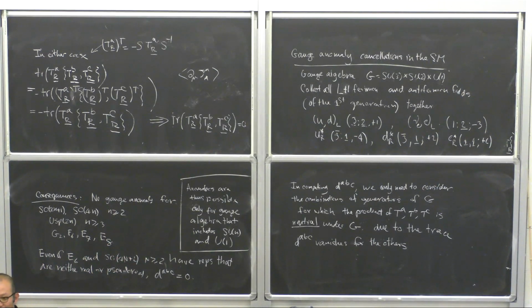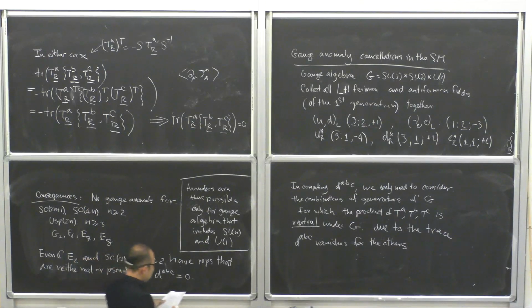This is a very important statement. Indeed, when you compute any 't Hooft anomaly, it works in the same way. This is the gauge anomaly, but 't Hooft anomaly also works in the same way. If the product of the generators is not neutral under the group that you want, forget about it, because at the end of the day, you take a trace and it will vanish.